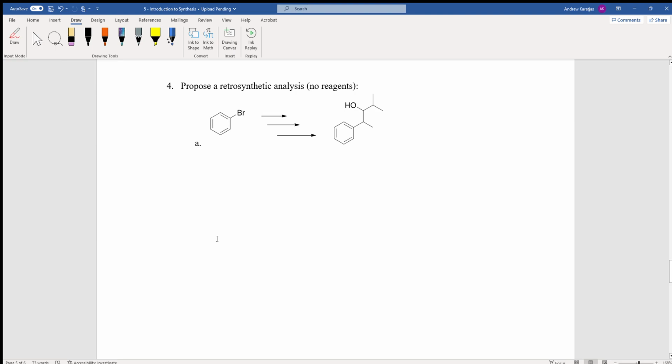And while I have these as two separate questions, the retrosynthesis and then the forward synthesis, we're going to kind of work on them all together. So first of all, we're going to come up with a retrosynthesis for the problem, and then after that, we'll pivot to the regular synthesis, the forward synthesis, I should say.